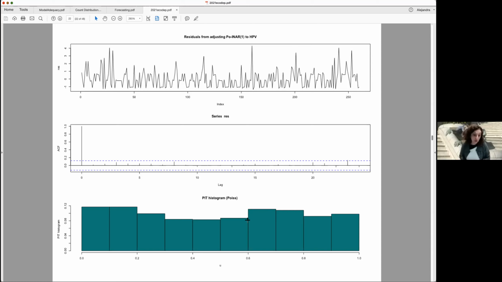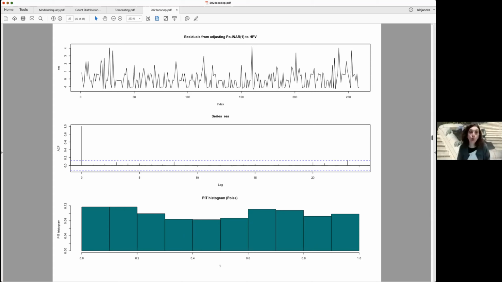So the autocorrelation in the data is well taken into account by the model, but maybe the dispersion is not. So we might be interested in doing something different.